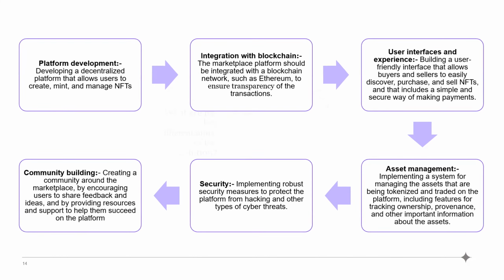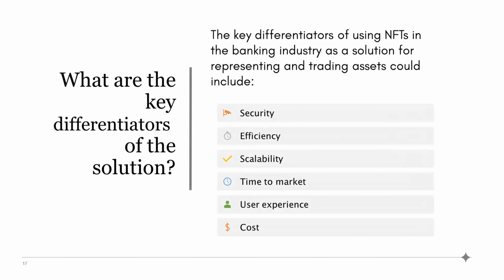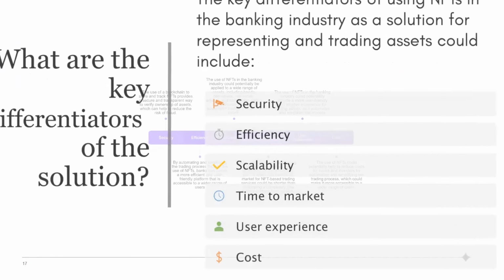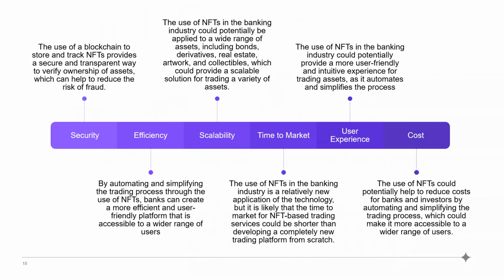And next, what are the key differentiators of the solution? They include the main features of the solution, such as security, efficiency, scalability, and user experience. For security, NFTs provide a secure and transparent way, as they belong to blockchain technology, so they are more secure and transparent than anything else in the market.